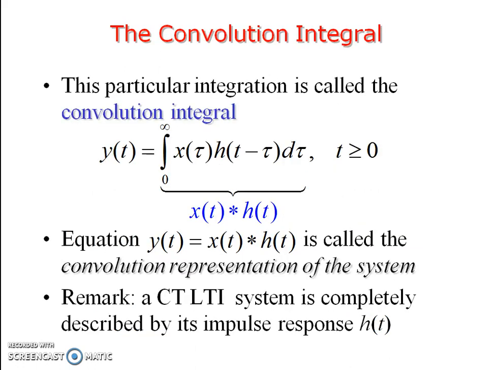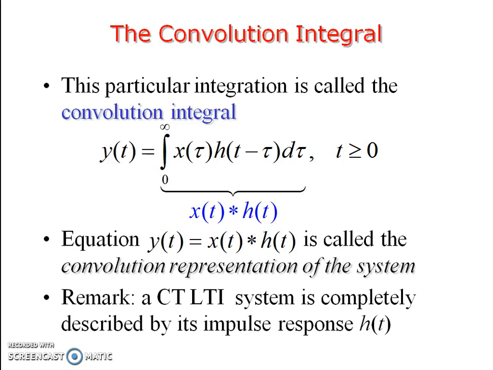Here we'll consider the continuous time convolution integral. This integral is defined by y of t equals integration from 0 to infinity x of tau into h of t minus tau d tau, for t greater than or equal to 0.